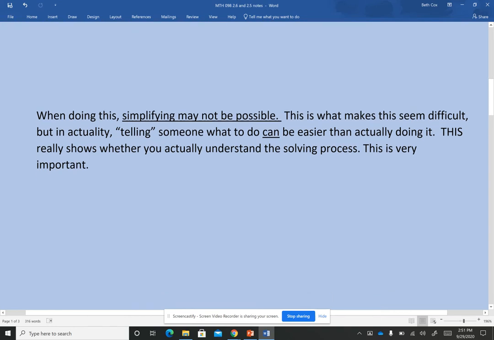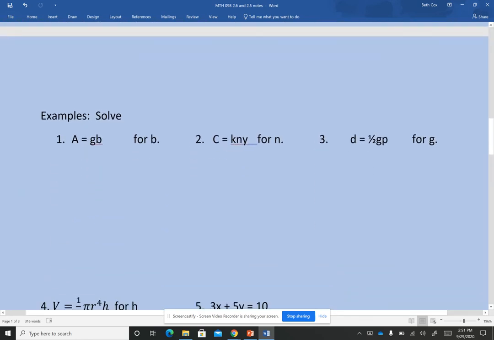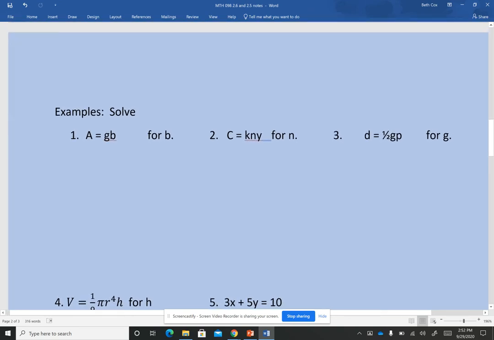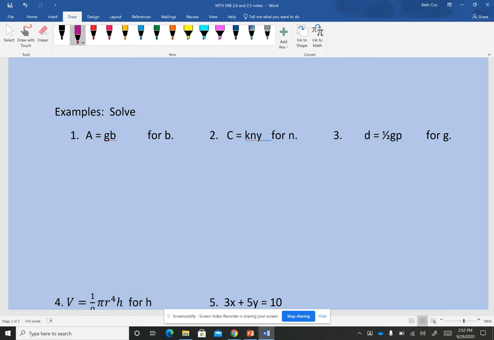This is extremely important. We're going to do a lot of these. So here we go. Our first three examples here, we're going to solve for the given variable. The first one says we're going to solve for b. That means I need my problem to say b equals blank or blank equals b.